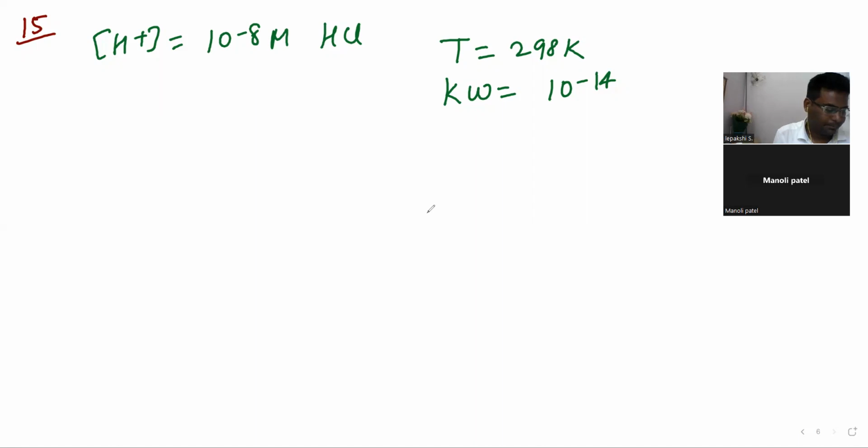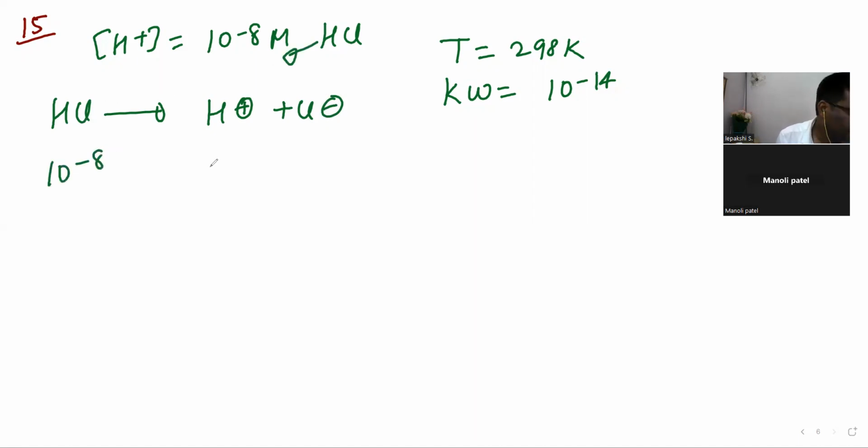So see, when HCl dissociates, it forms H plus and Cl minus. The initial concentration of HCl is given, 10 raised to minus 8. The products are not formed yet, so they are 0 and 0 at the initial concentration.